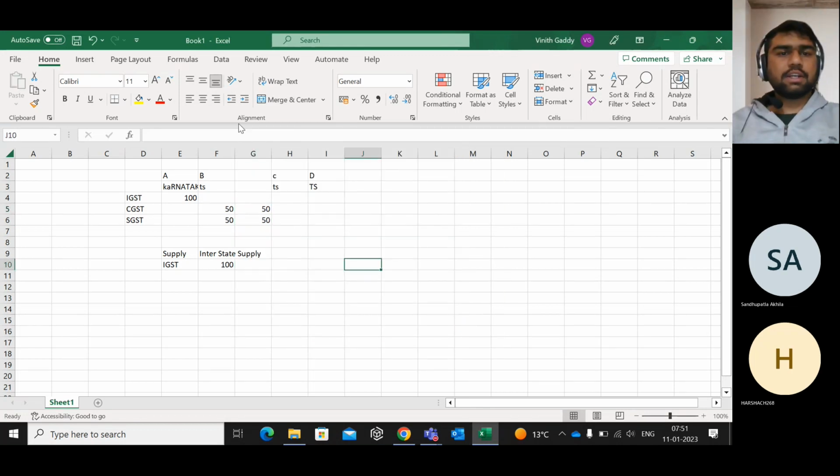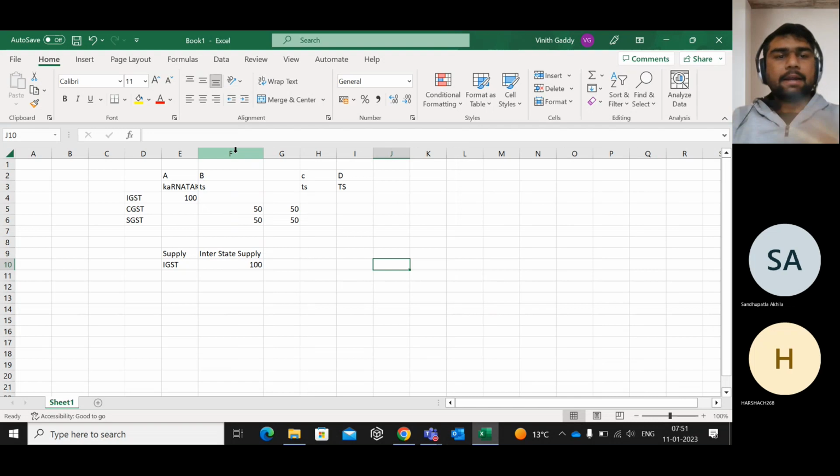What is that order of utilization? You see, A is supplying to B. A will collect IGST from B. 100 rupees he has collected. What we will do? A will file GSTR1. A will file GSTR3B. He will pay his 100 rupees liability to the government.